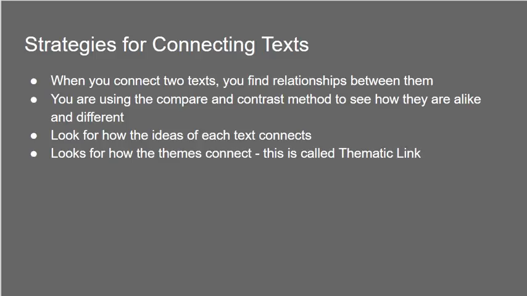We found out that they both make you feel better. Then look for how the themes, the overall theme of the text would connect. That's called the thematic link. And I think in my passage where I read about cats and dogs, the overall theme was that they both make good pets. Please pause this video and write down the definitions and strategies for connecting text.